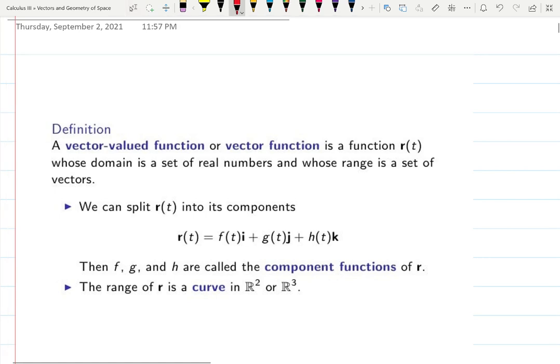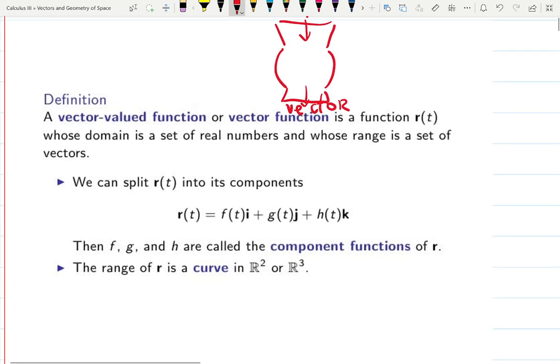Remember that the function is the machine. That's how I teach it to my Calculus 1 class. Real numbers, that's the notation, go inside, and then vectors are the answer. So that's a pretty cool idea that a function like this exists. It takes in numbers but gives out a vector, and a vector is something with a magnitude and a direction.